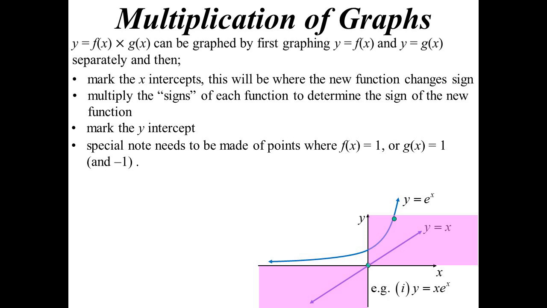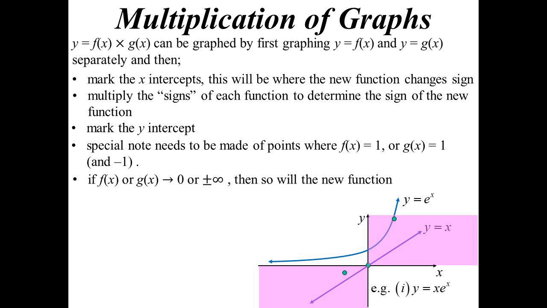So I know I'm going through that point there. Of course the exponential is 1 at the y-intercept, so I end up at 0 there. Negative 1, same case, you just got to be careful, because with negative 1 it won't be actually on the curve because the sign would have changed, but it'll be the same distance but the other side of the axis, so maybe I've ended up, I guess, about there.